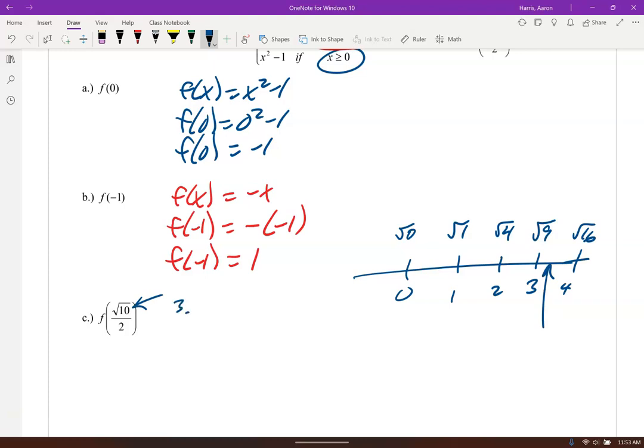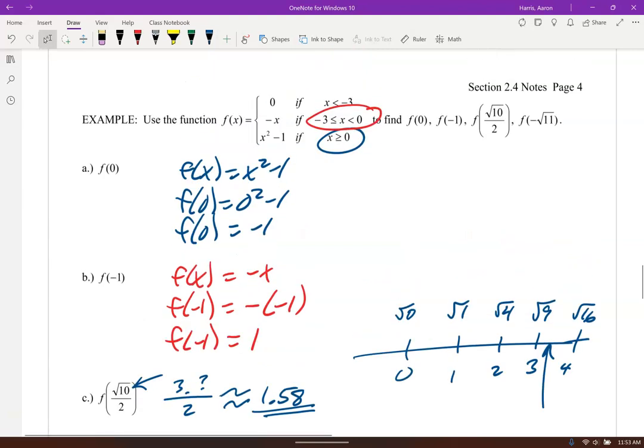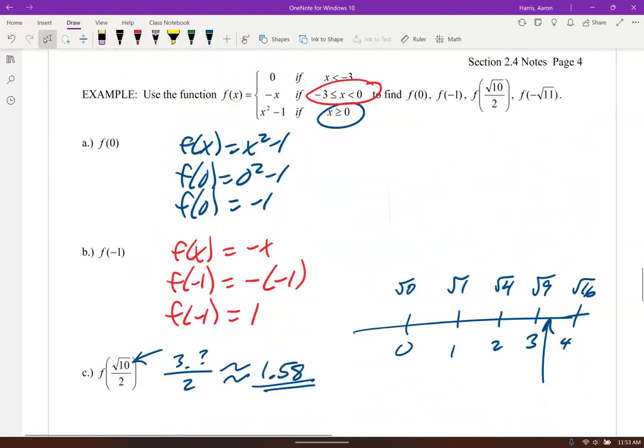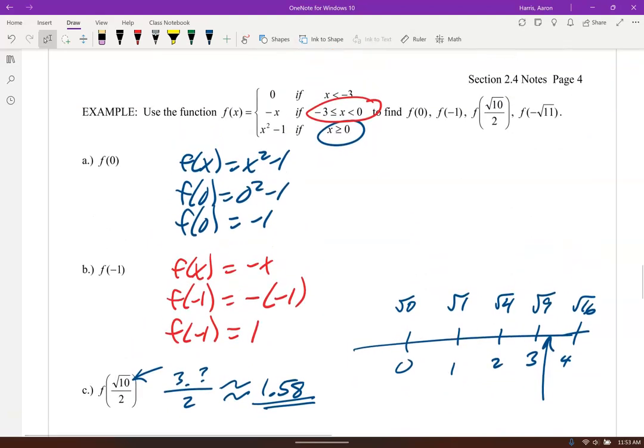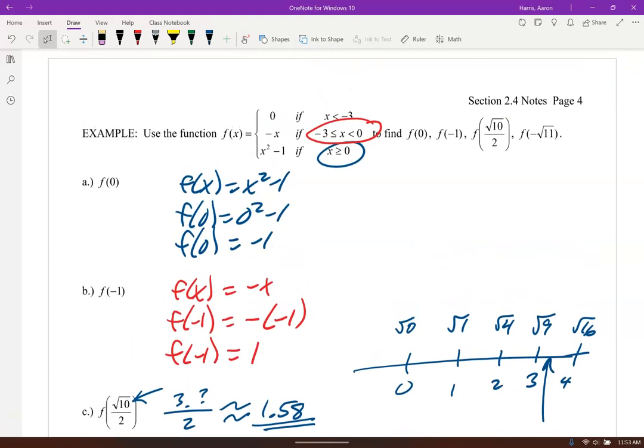So we got 3 point something divided by 2. So this is about 1.58, somewhere in there when I divide it by 2. And you could just punch that in, right? Square root of 10 divided by 2, and get that 1.58.